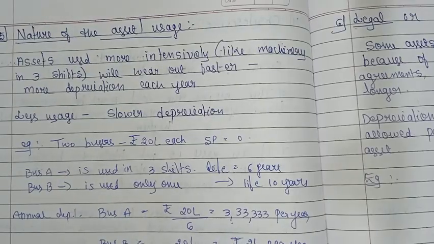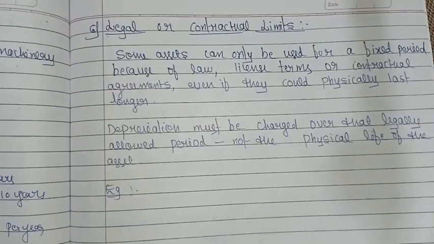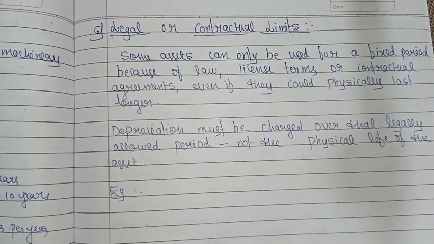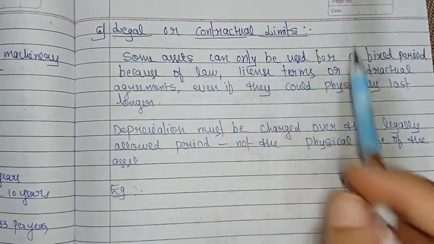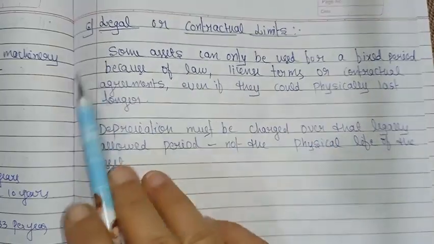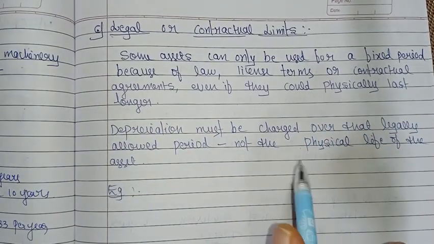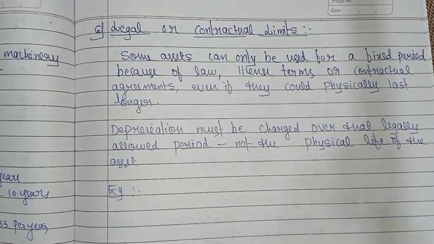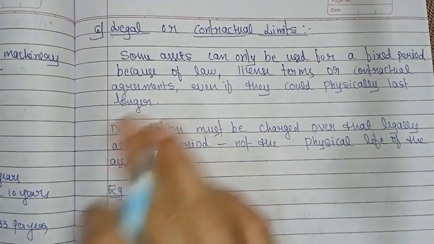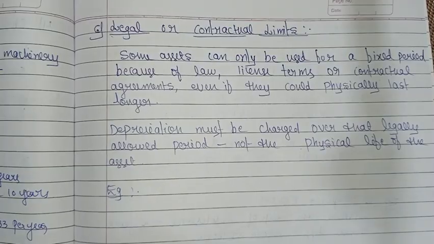And the next one, the last one, is legal or contractual limits. Some assets can only be used for a fixed period because of law, license terms or contractual agreements, even if they could physically last longer.